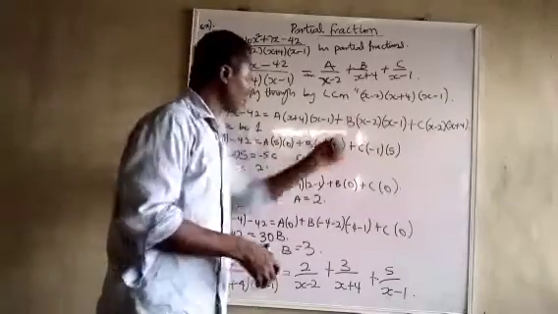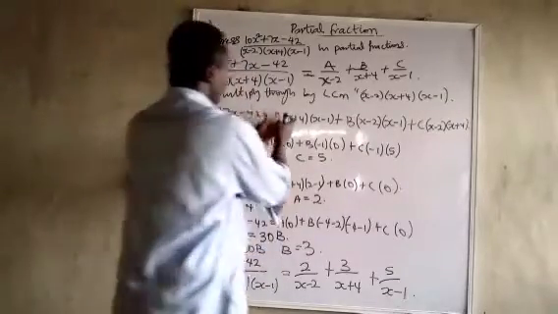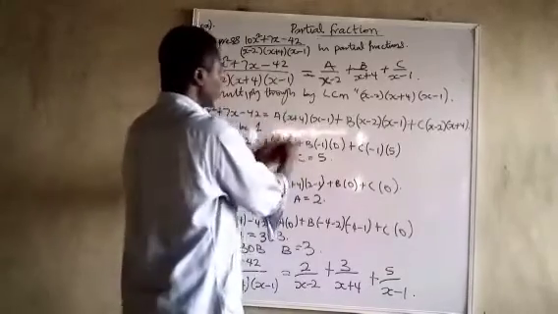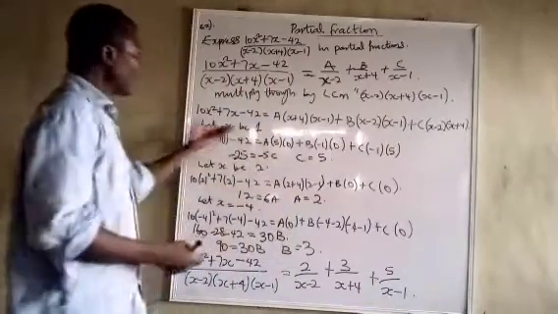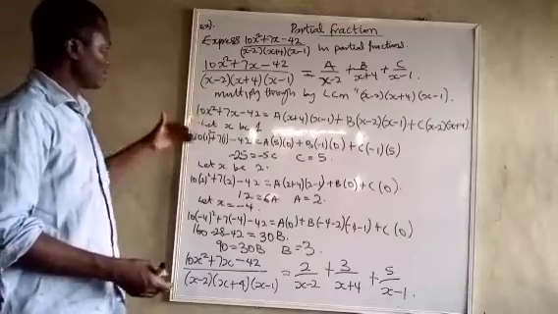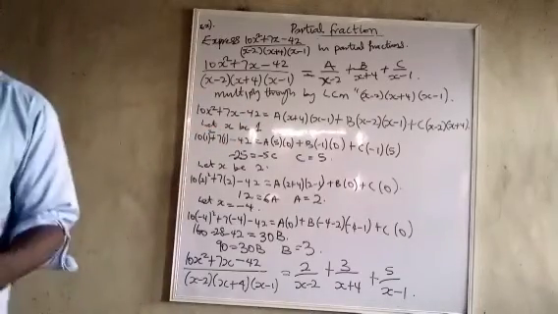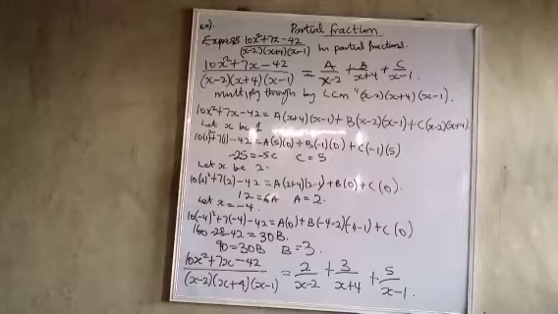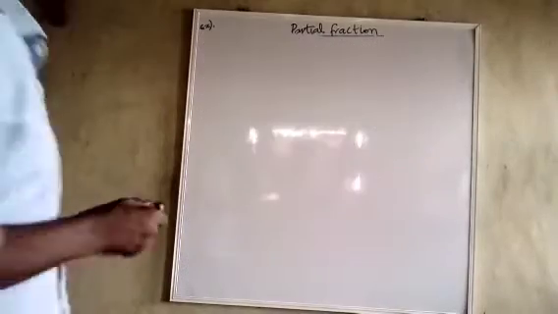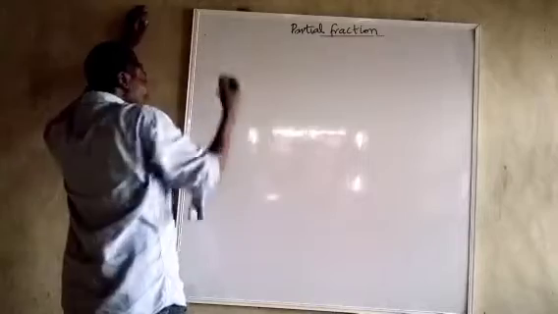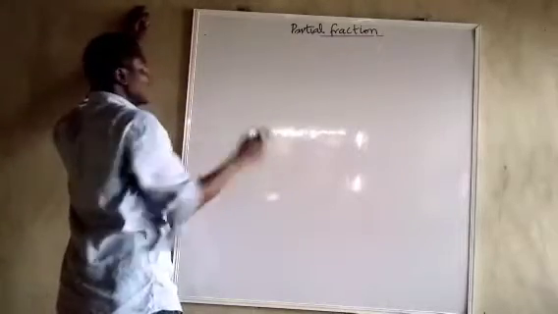If we expand this now, we are going to have some factors in x cubed, or yes, in x squared, in x, and constants. So when we equate them, it's going to give us the coefficients, and we can solve simultaneously. But I see that this one is easy for me. That's why I'm using this, and it's short. Now let's look at the situation where one of the denominators is a quadratic factor.